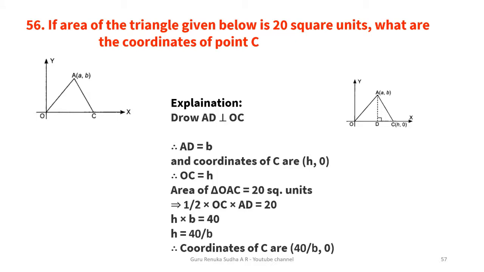Area of triangle OAC is 20 square units. So applying half into base into height, you can easily calculate the value of h, that is 40 by b, and you can say that the coordinates of C are (40 by b, 0).